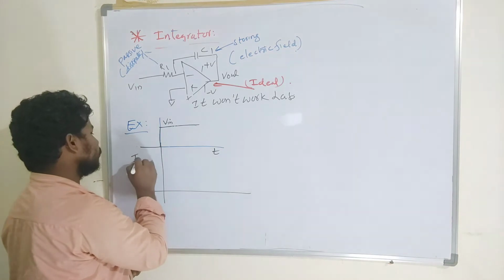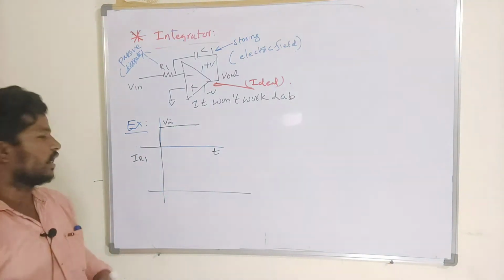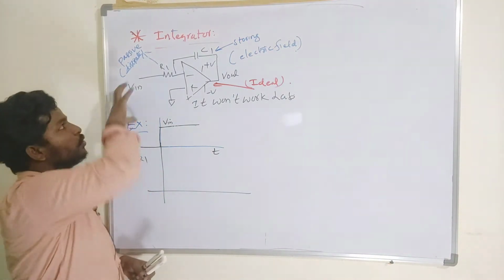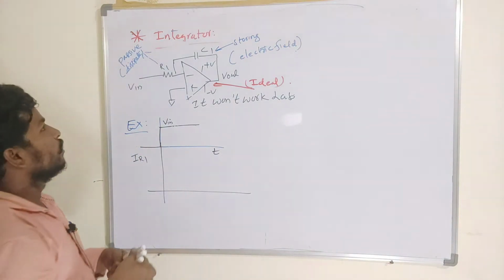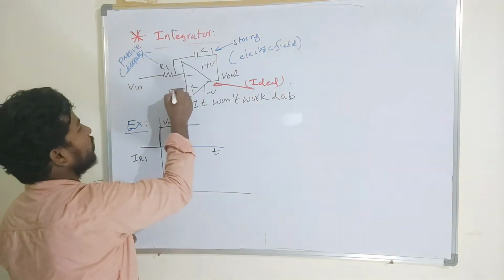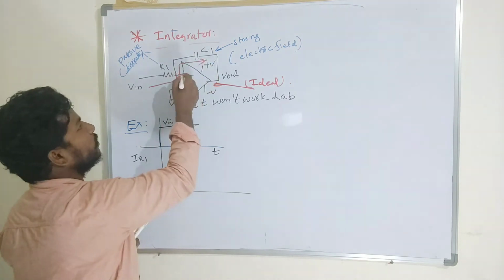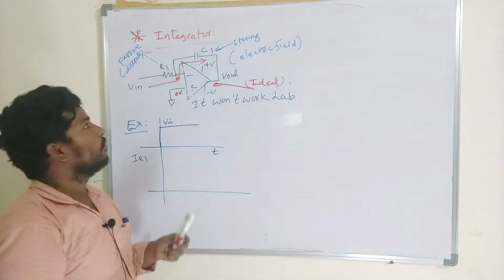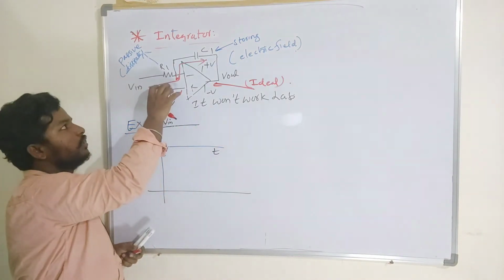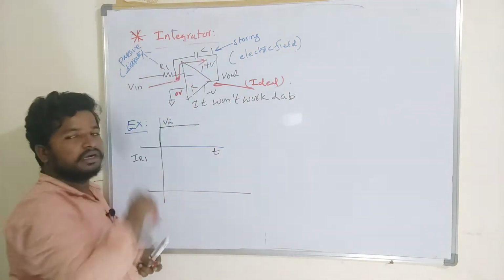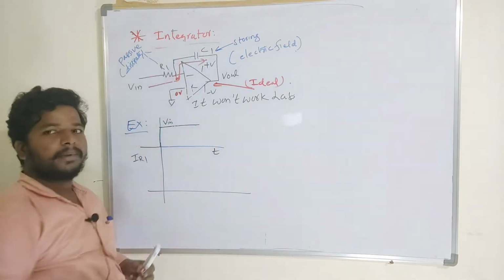I want to find the current flowing through the resistor R1. Because of the virtual ground concept, the current flowing into the operational amplifier is 0, so whatever current flows through R1 will flow into the capacitor.